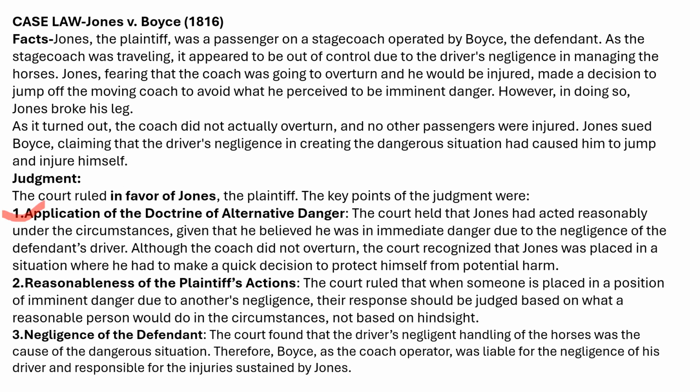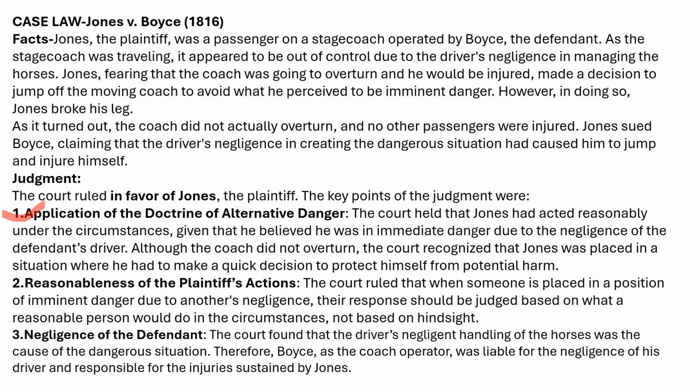The court held that Jones had acted reasonably under the circumstances, given that he believed he was in immediate danger due to the negligence of the defendant's driver. Although the coach did not overturn, the court recognized that Jones was placed in a situation where he had to make a quick decision to protect himself from the potential harm.